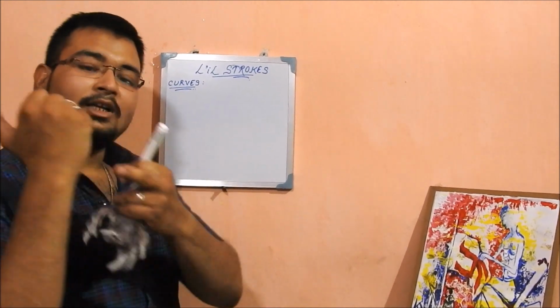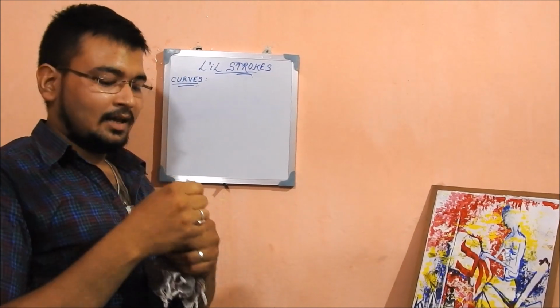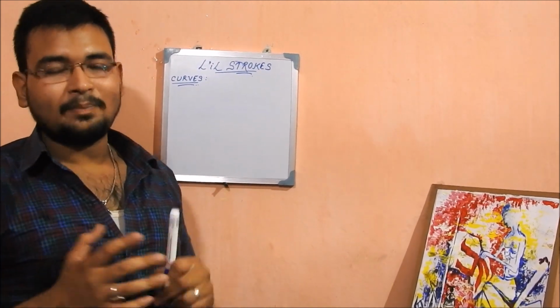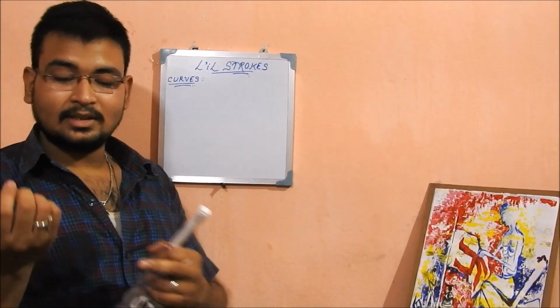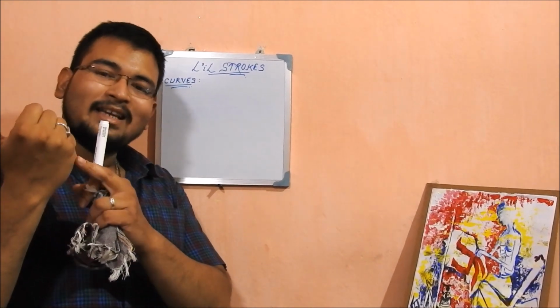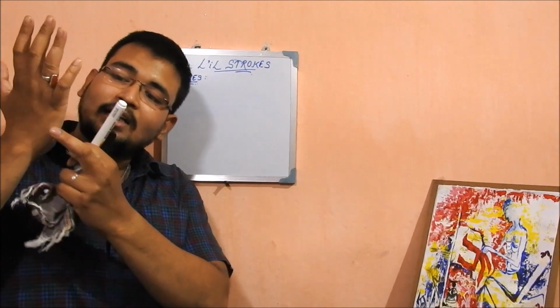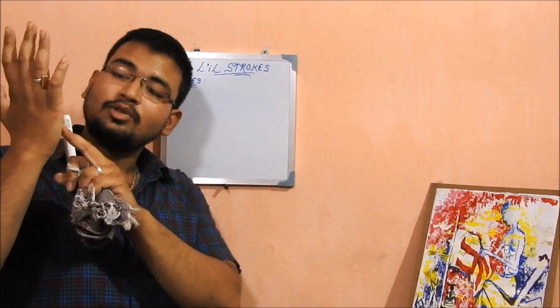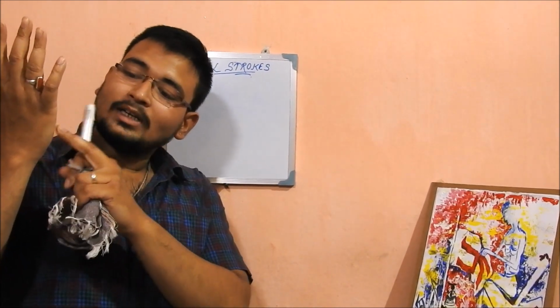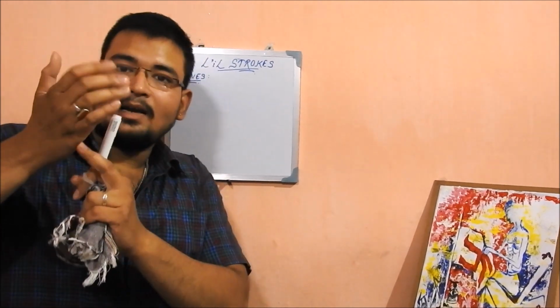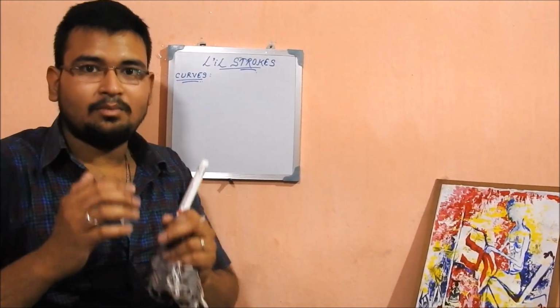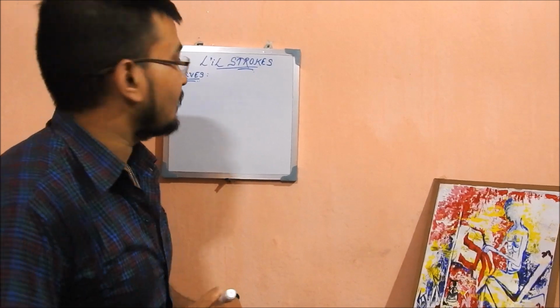So generally we use this portion. As you do more practice, you will find it very easy to know which part of this area to use. This is a big area, this is not a point. So you will find it very easy to know which area to use at what time to make a big curve or a small curve, I mean a big circle or a small circle.